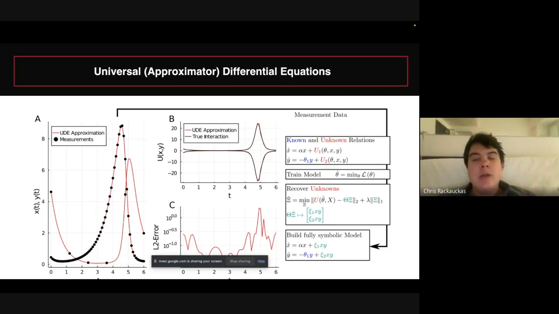What you do is then you train the neural network so that the parameters are optimized, but also the neural network is capturing the unknown parts of the equation that are required in order for the simulation to fit the data, right? And once you've had this version of the simulation, which is modified by a neural network and fits your data, then you can start to analyze, what was I not modeling, right?